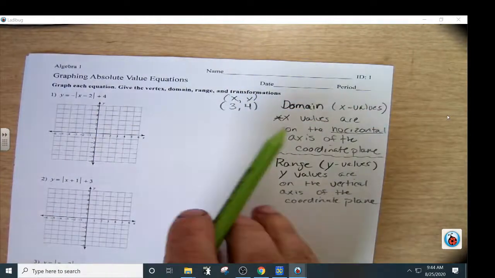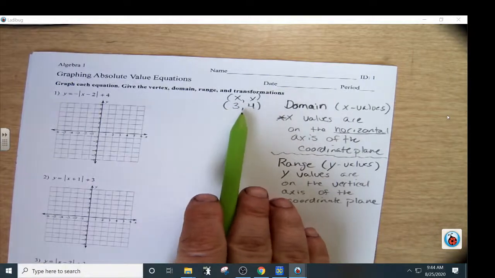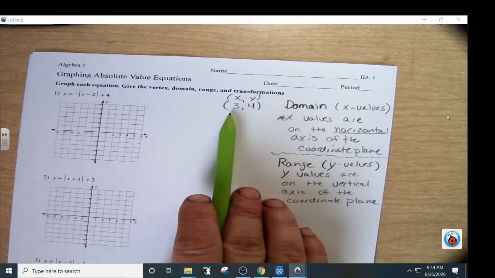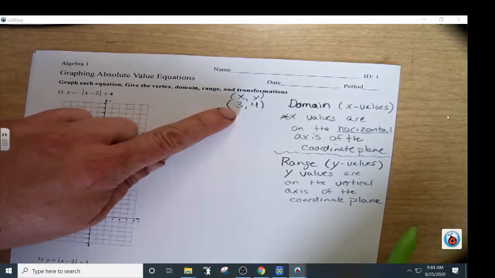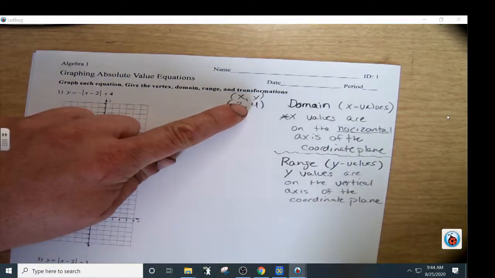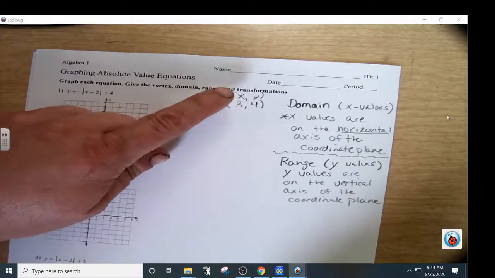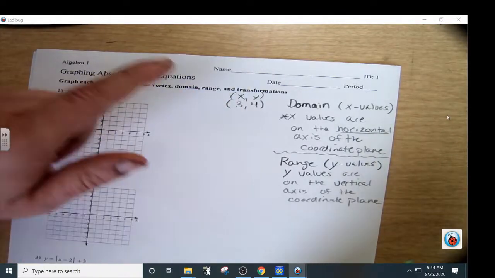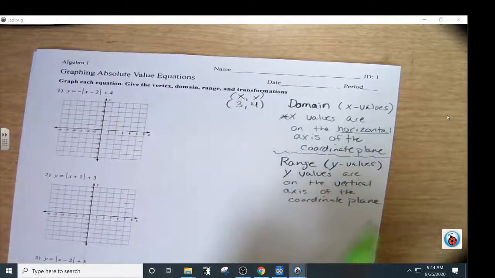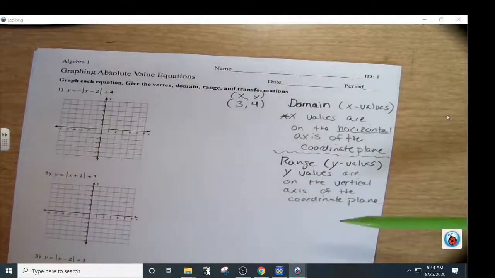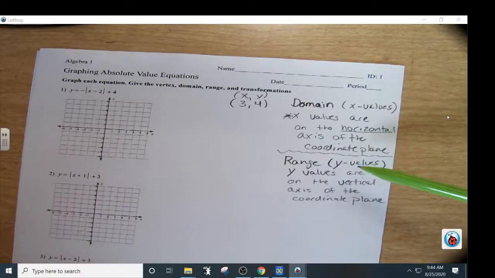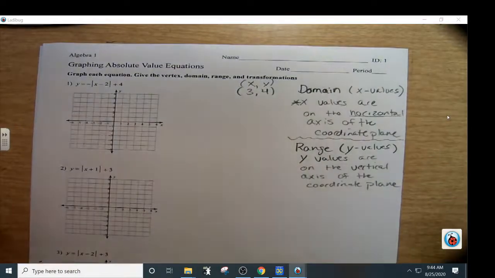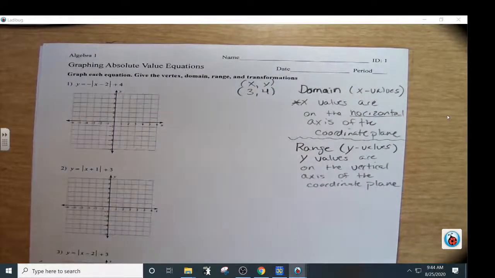Well, the teacher will tell you, to plot this point, you're going to go 3 to the right because that's the x value. And then to plot this point, I need to go 4 up. So in the vertical direction, I go up. And guys, I want to start simple with this because this is the part that a lot of students don't really understand once you start applying it.